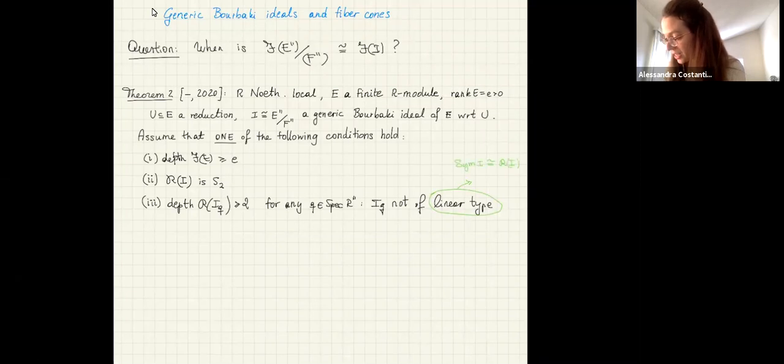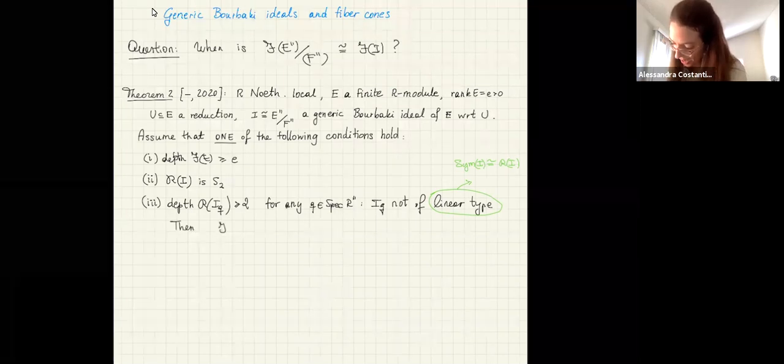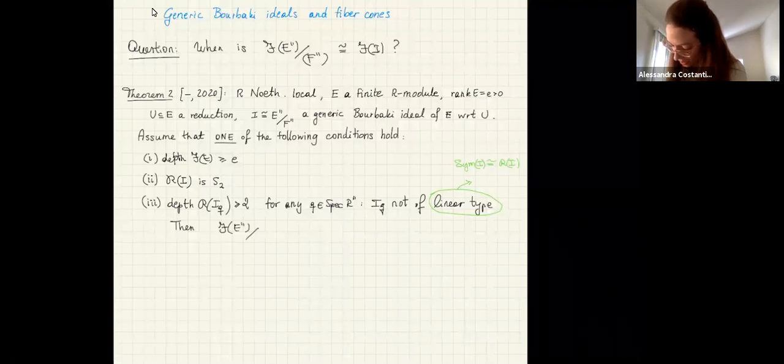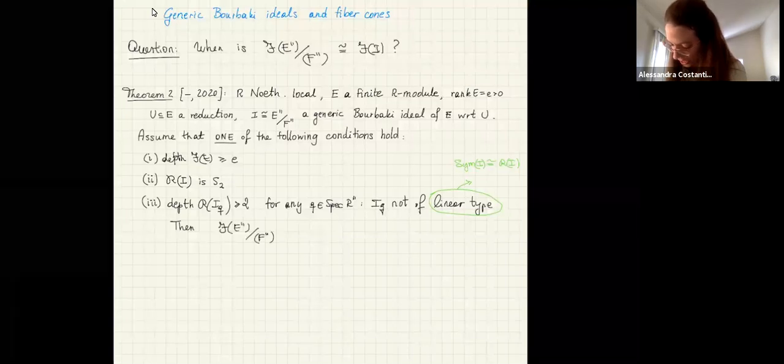So these are very special classes of ideals, kind of rare. For example, a complete intersection ideal is going to be linear type, but not much farther from that. And then if one of these conditions happens, you have this deformation property that I was shooting at.